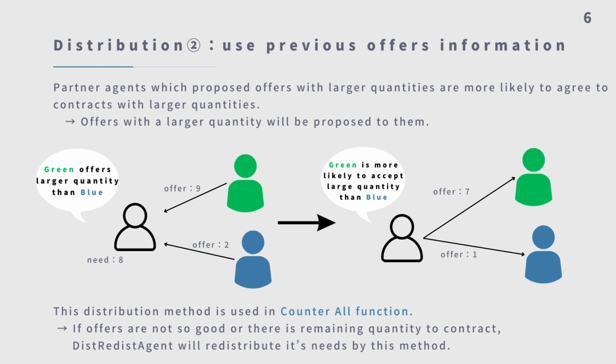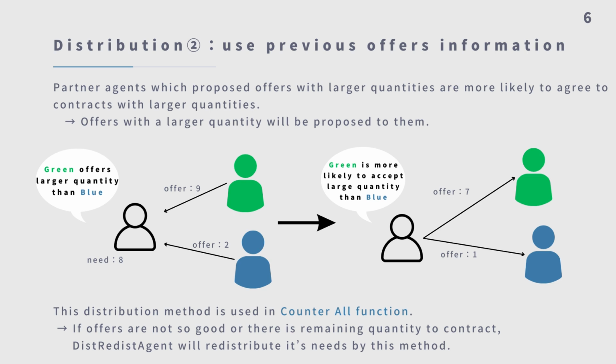Next, I'm going to introduce the second distribution method. In this method, my agent estimates that partner agents which proposed offers with more quantities are more likely to agree to contracts with larger quantities, so offers with a larger quantity will be proposed to them. This figure is the example of how to use this distribution method.